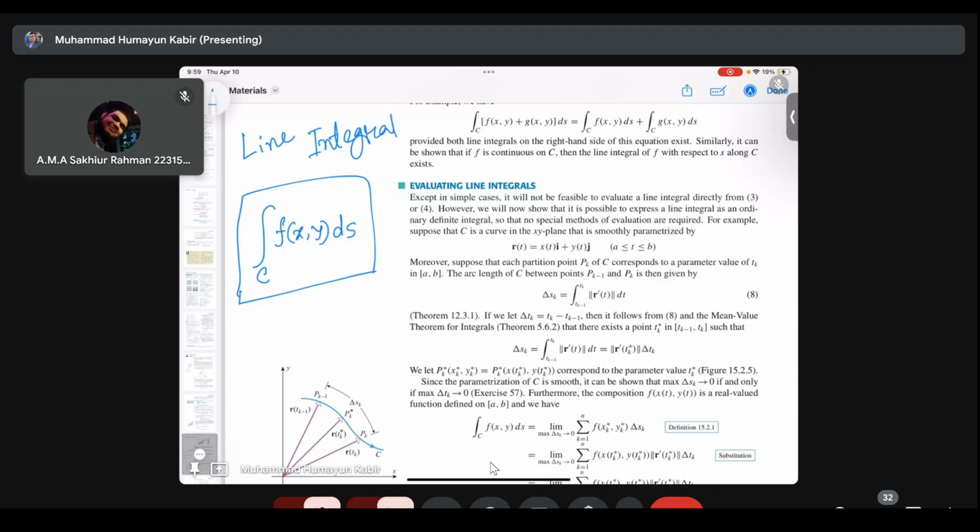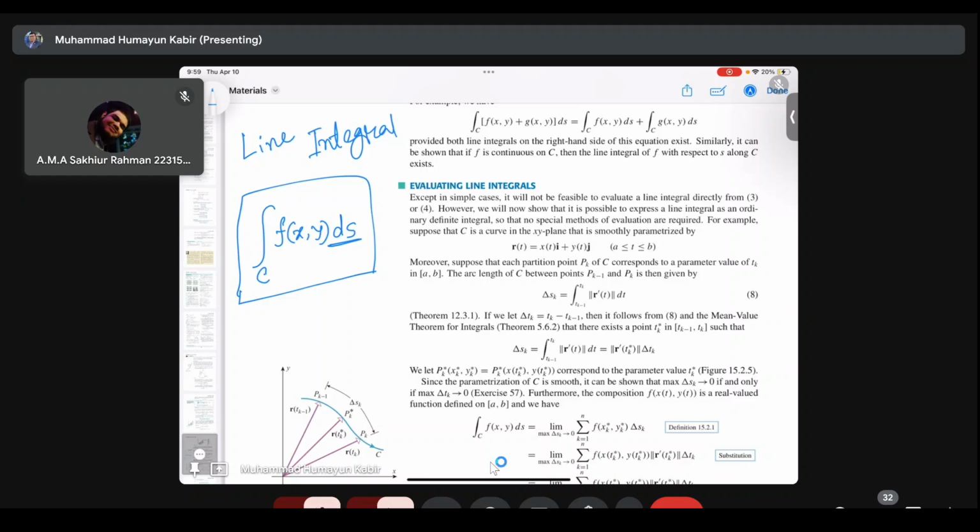Here we have C. What is C? C indicates a curve where the integral is defined. Understood? What is f? f is a function which is going to be integrated. f is the function, and we want to integrate that function over the curve C. And what is ds?